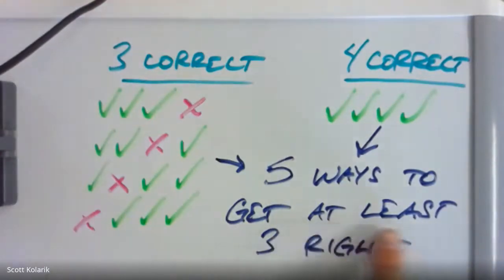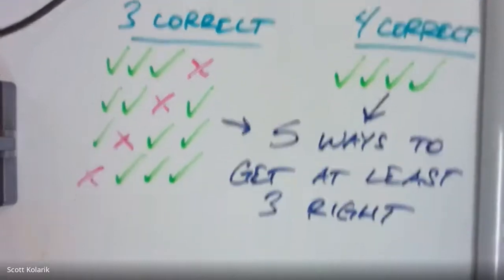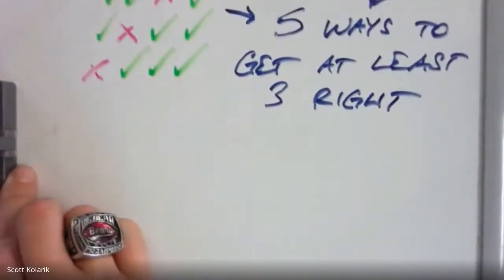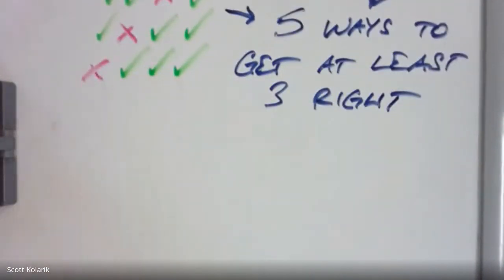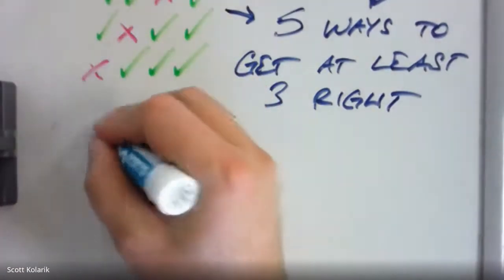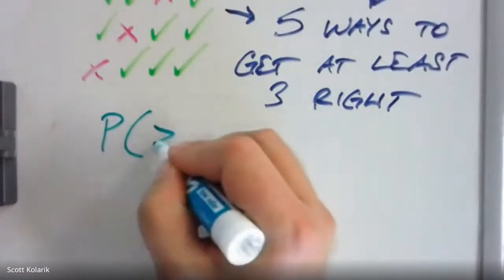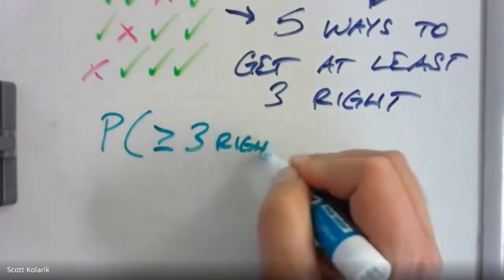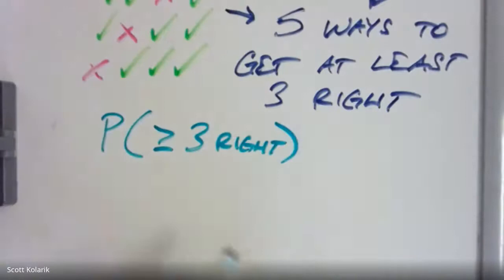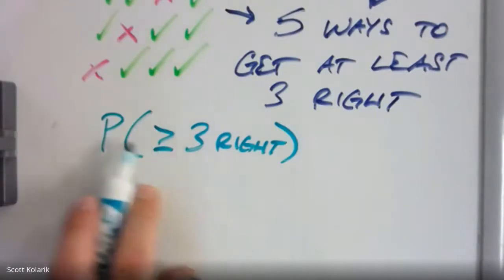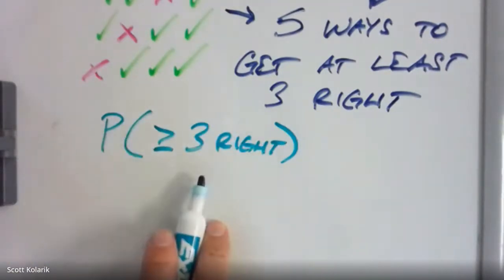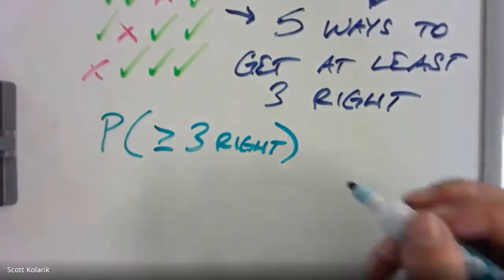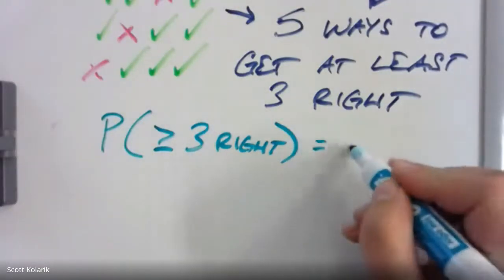And again, the operative phrase there was at least. So how do I apply this to probability? Well, I'll rewrite this using an inequality. The probability here would be getting at least, or greater than or equal to, 3 correct. That's a way I can write it with an inequality symbol. This just says the probability of getting at least 3 right. So in order to solve that, I'm going to get a fraction.